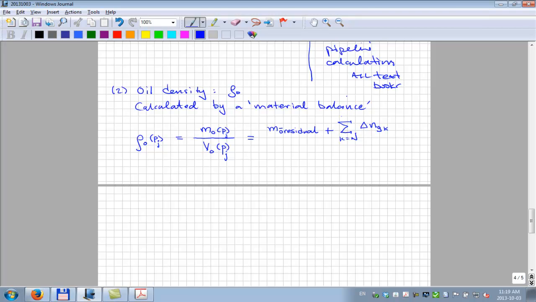And it's basically all of the gases that were released from stage J and down. So it basically would be J plus 1. So the gases released starting at J and then further down. So these are the moles that were removed. And if you just multiply that by the molecular weight of that particular stage, that'll give you the mass.